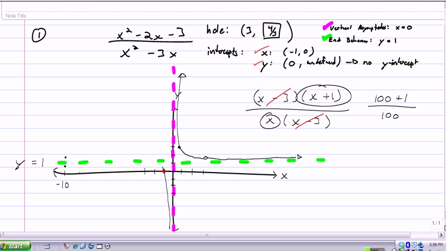Because if it's less than 1, it's going to hug it from the bottom. If it's more than 1, it's going to hug it from the top. If I plug negative 10 into my function, I get negative 10 plus 1 over negative 10, which is negative 9 over negative 10, which is less than 1. 9/10 is less than 1. So it's going to hug it from the bottom.